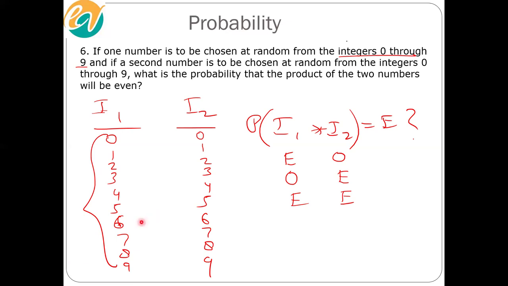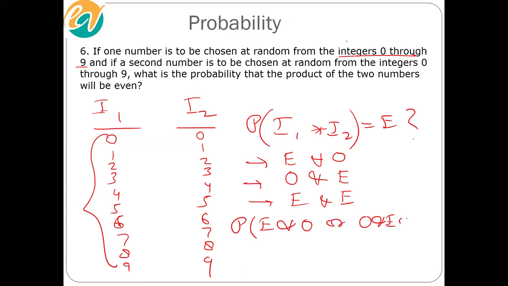Correct? So now, how would you get an even product? You will get an even product if you get either even and odd, or odd and even, or even and even.